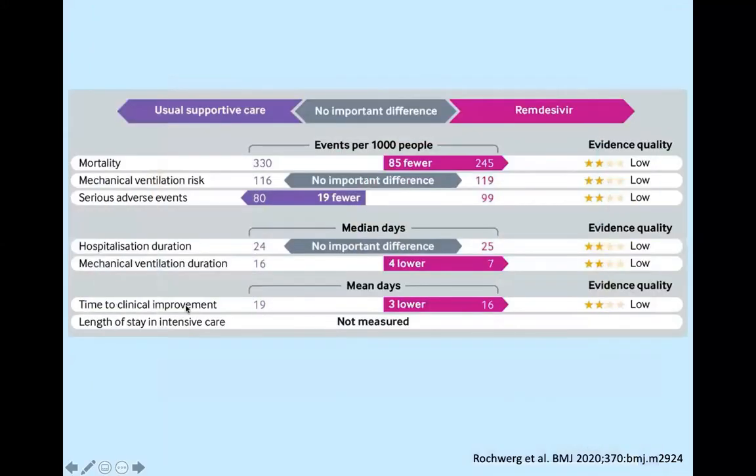The benefits are, for 1,000 people, 85 fewer deaths, low quality evidence, 19 more side effects that are serious, shorter duration of mechanical ventilation in 4 in 1,000, time to clinical improvement 3 days shorter, but no clear improvement in length of stay in hospital, because that's not necessarily related to recovery.